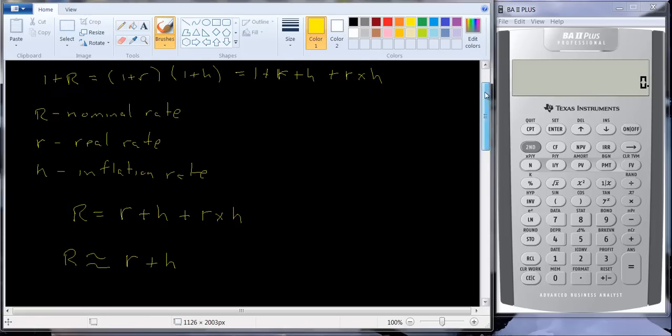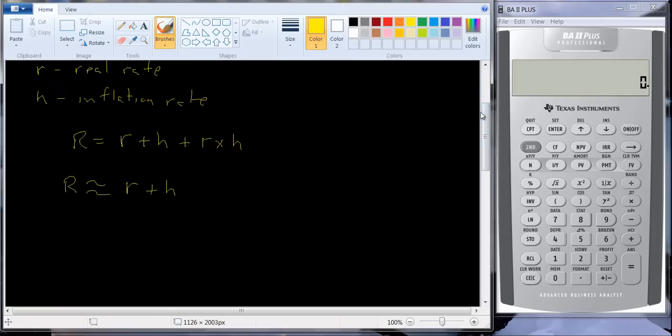So let's look at an example. Suppose it's the case that we have a real rate equal to 5% and expected inflation is, let's say, 3%.